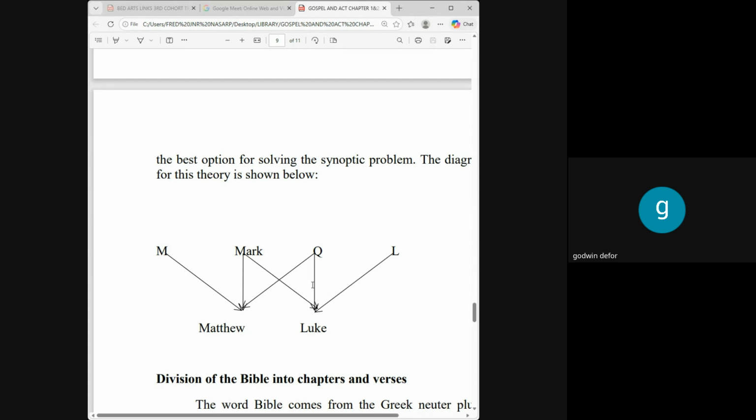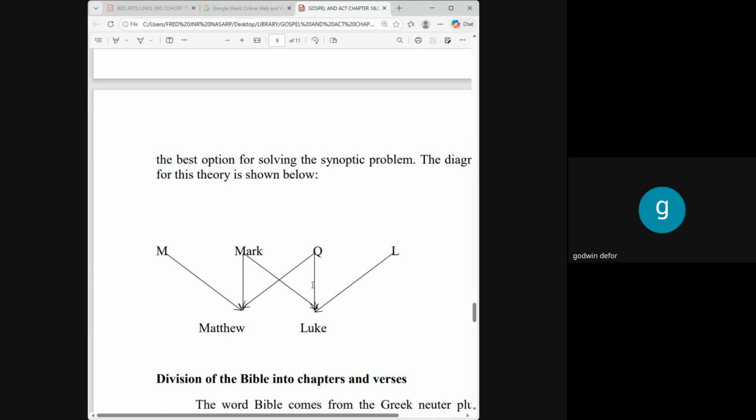the author of Matthew chanced on a special source that he used. And this particular source that the author of Matthew got was not available for the authors of Luke and Mark.